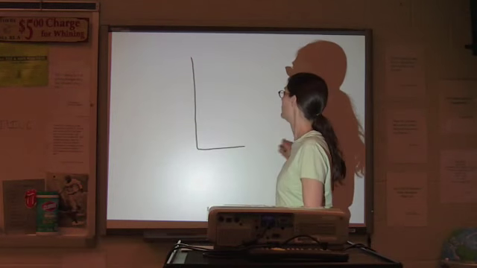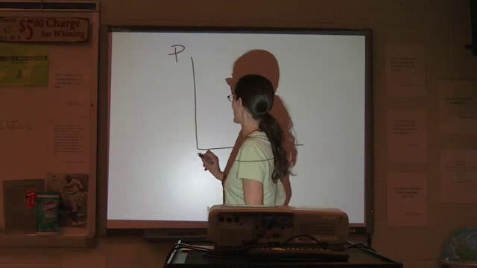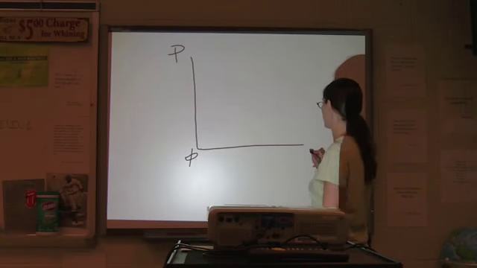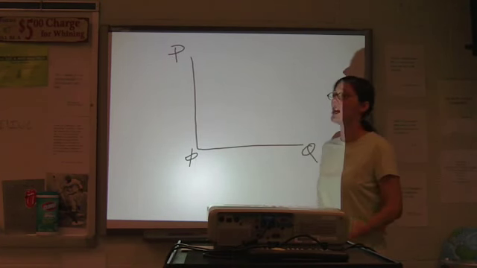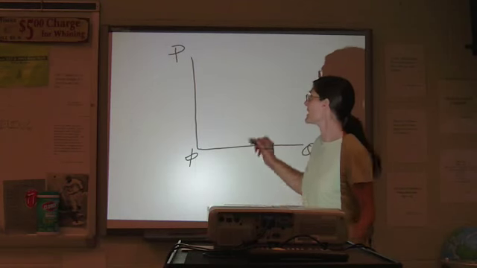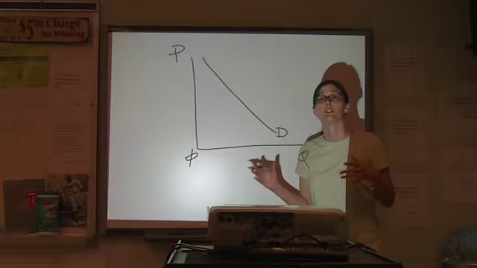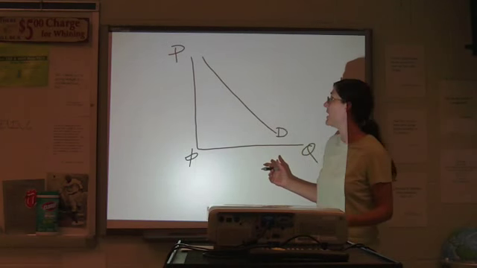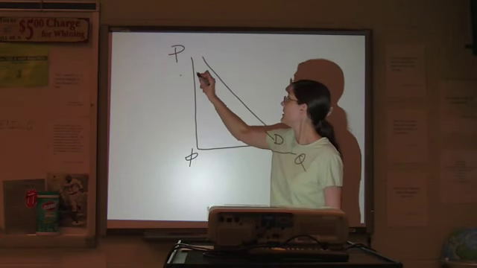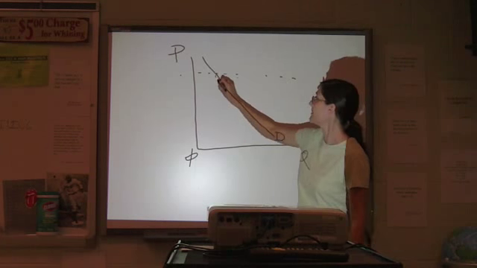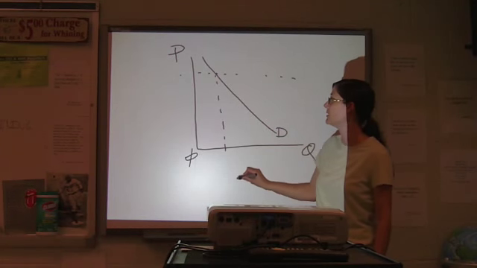Alright, so you're starting with the same basic graph that we always have, pretend that's a 0. And here's your Q. Now, the demand curve sloped down. The law of demand says that when prices are high, the quantity demanded is low.